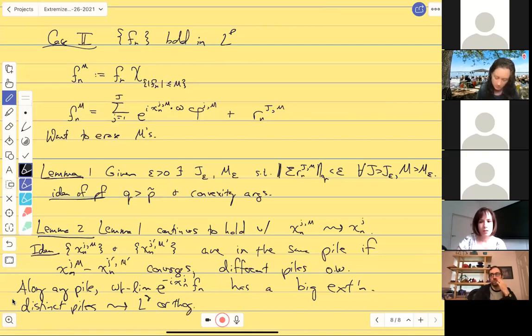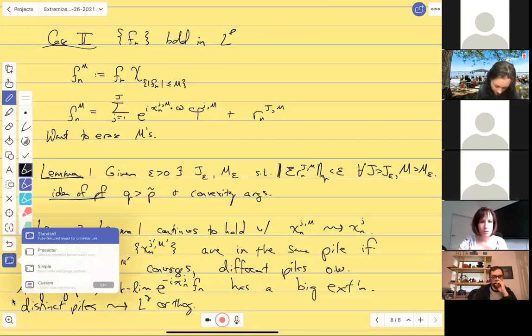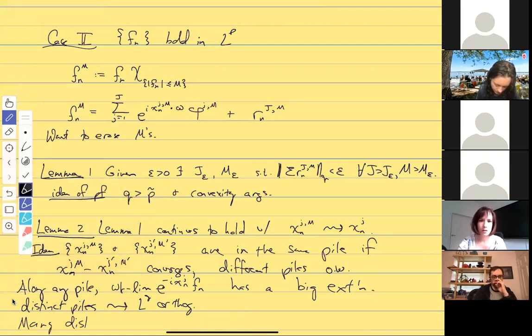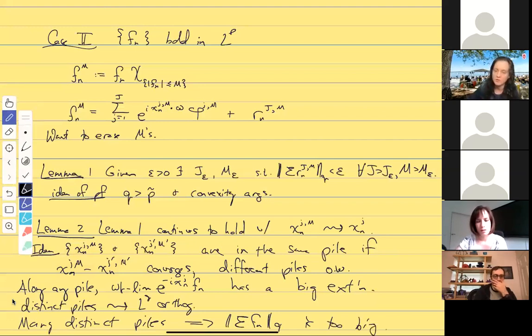And so taken together, if there are many distinct piles, then the extension of f_n in L^q is too big. And so once I control the number of piles, I can let m go to infinity.